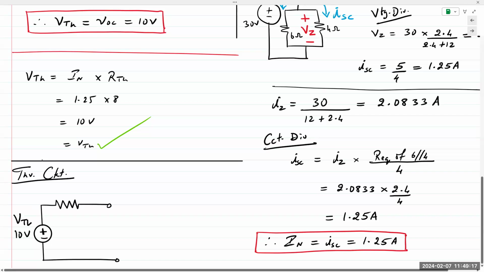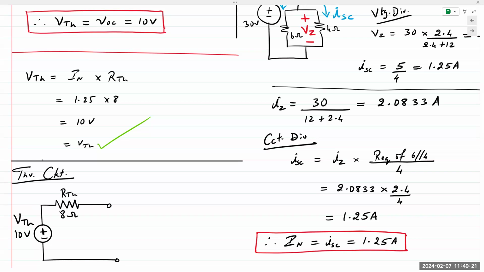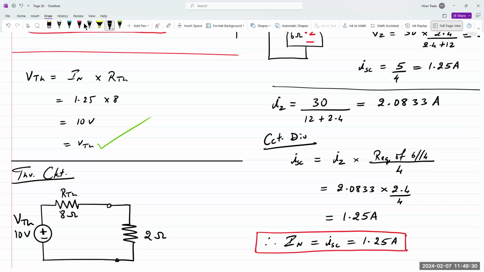This is VTH of 10 volts. This is RTH of 8 ohms. These are my terminals A and B, where the 2 ohm resistor is plugged back in.